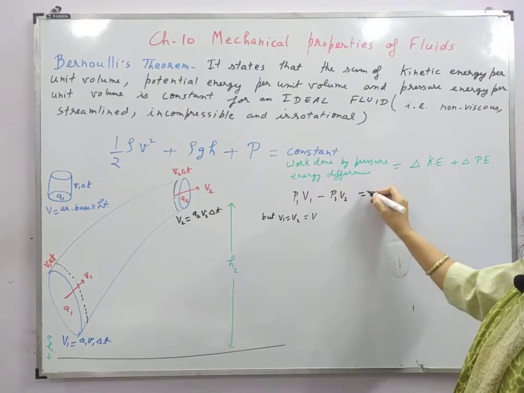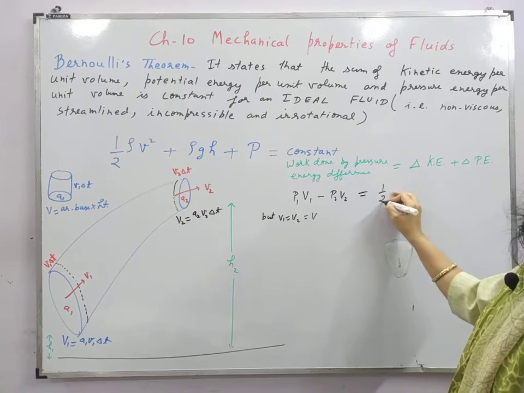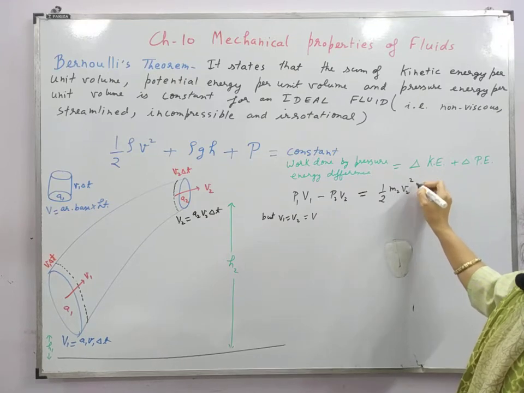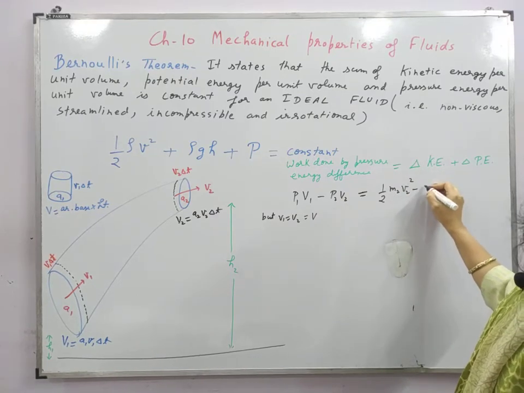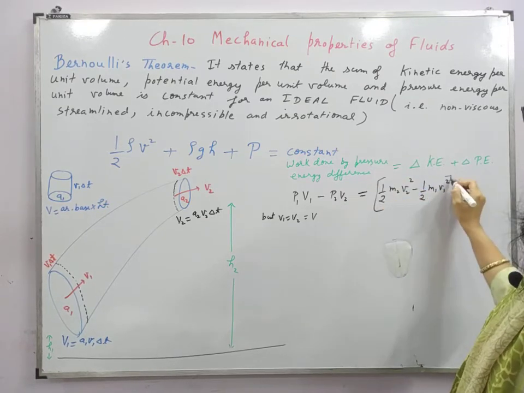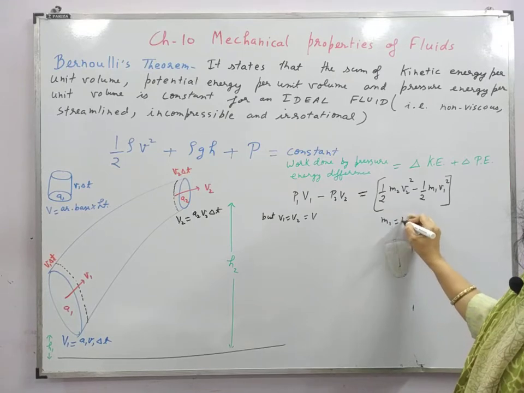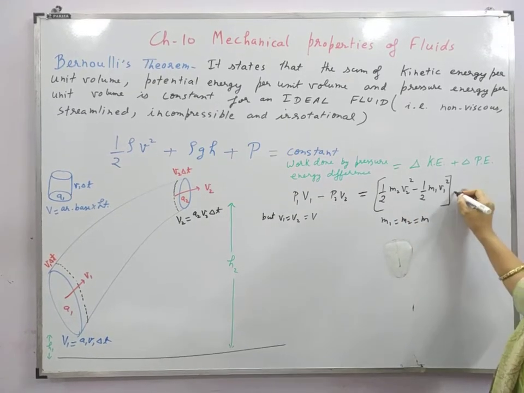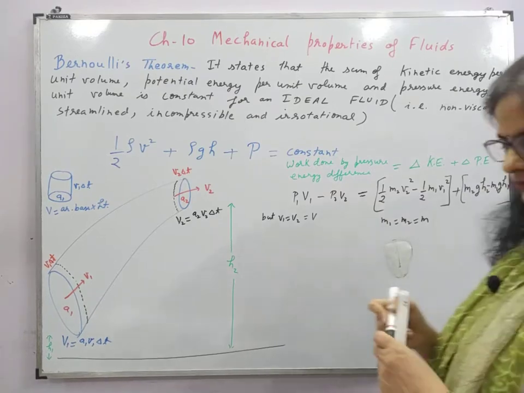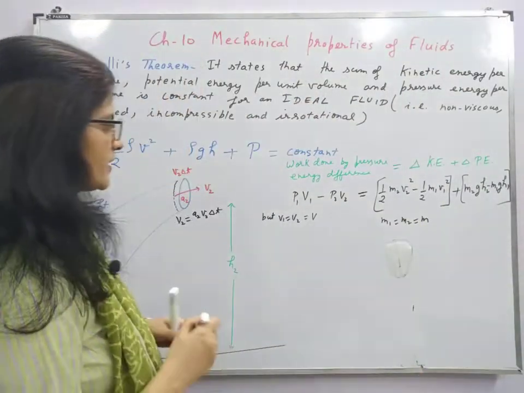Change in kinetic energy will be half M2 V2 square minus half M1 V1 square. Now again, by law of conservation of mass, M1 is equal to M2 is equal to M. Here we can write M2 GH2 minus M1 GH1, and again we are using this concept, right?